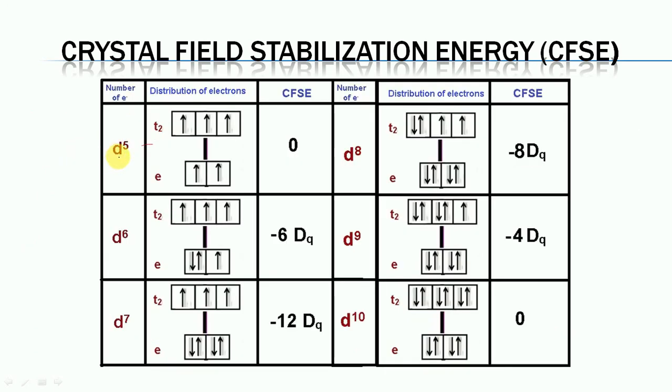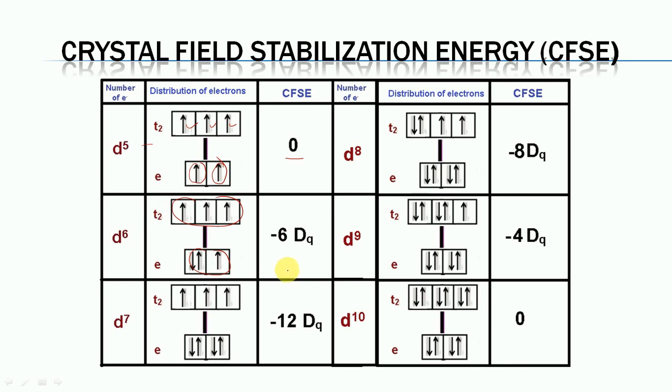Then the case of the d5 system. In this case, 2 electrons will occupy the lower energy e orbital and 3 electrons will occupy the higher energy T2 orbital, and the crystal field stabilization energy in this case is 0. For the d6 system, 3 electrons will occupy the lower energy e orbital and here pairing will occur, and 3 electrons will occupy the higher energy T2 orbital.